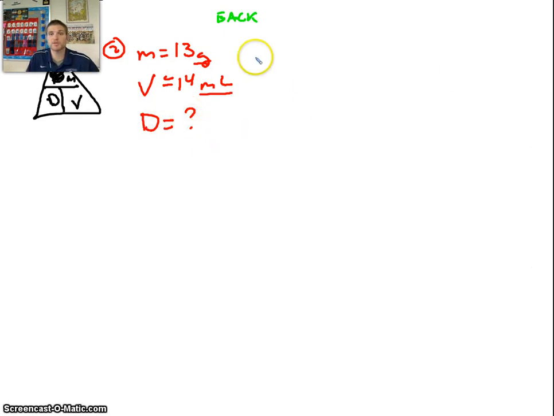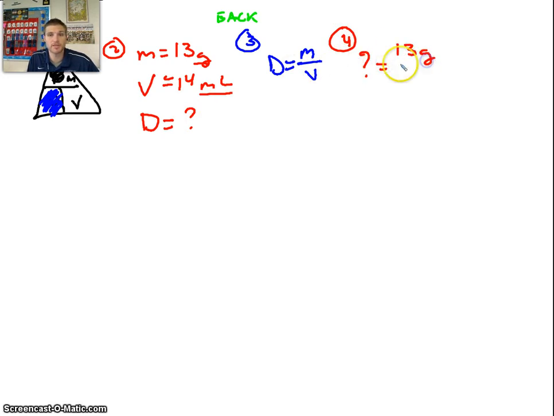Next, I'll use my triangle to figure out which equation to use. I'm looking for density, so I'll cover up density. When I cover up density, I'm left with density equals mass over volume, because we see these variables over here, mass is over volume. Next, I put in what I know: density is a question mark, mass is 13 grams, and volume is 14 milliliters.